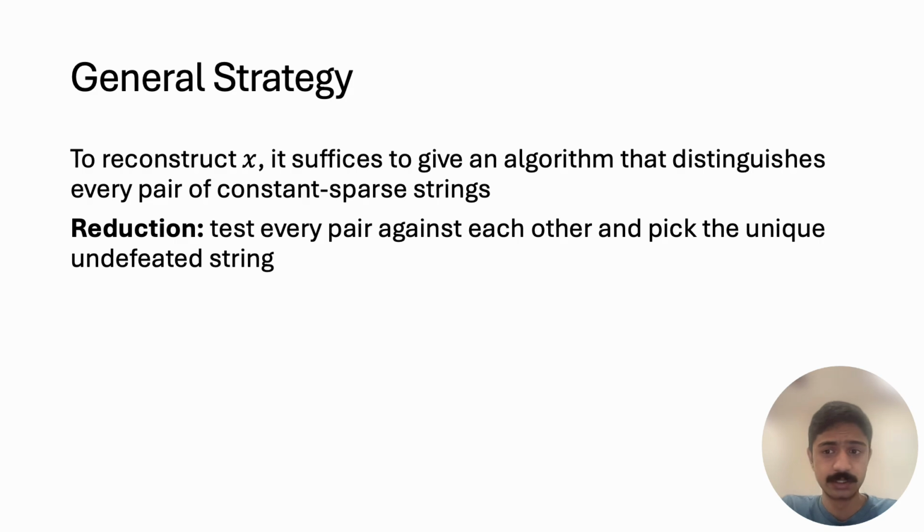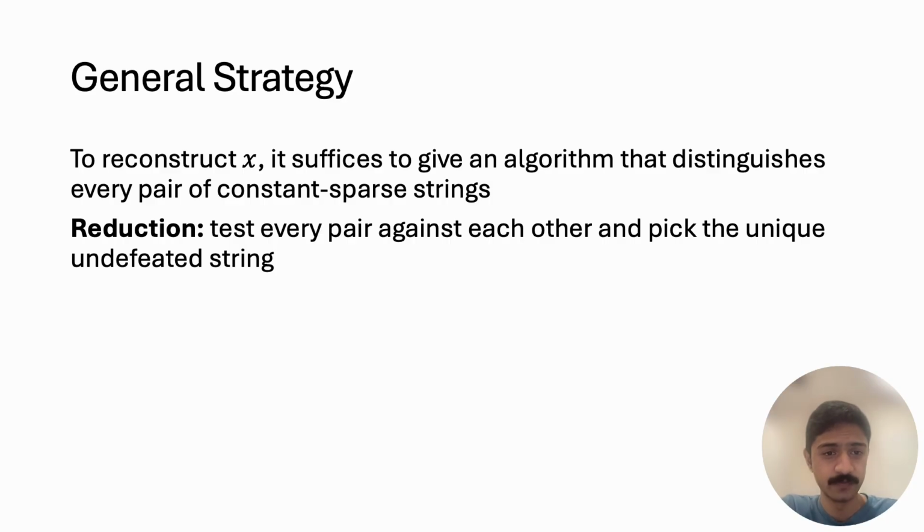So to begin, I should note that a standard strategy in trace reconstruction is to reduce it to a distinguishing problem. Given a set of traces, decide whether they came from x or y for a fixed pair of strings x and y. You can then test every possible pair x and y against each other in a massive tournament and pick the single string which defeats all the others in this tournament.